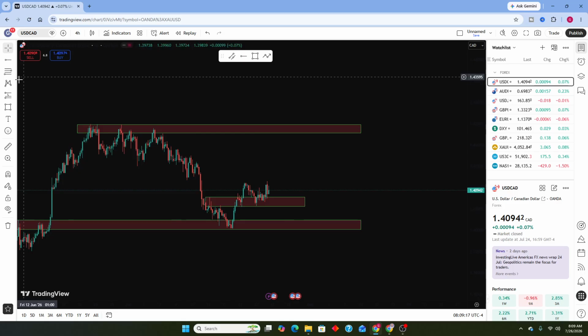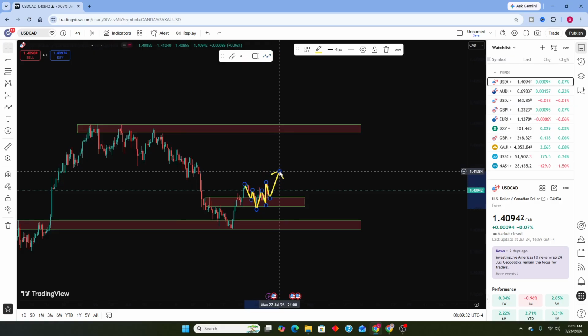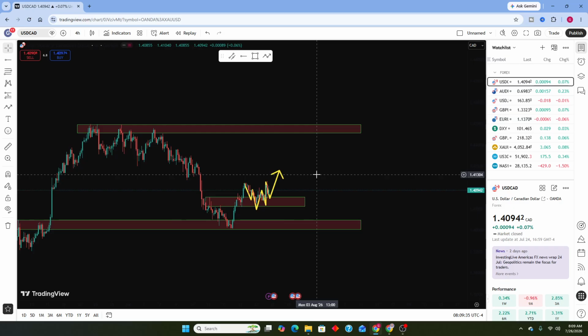So now what do we need this to do? I'll be forgetting I put it here. Look, pushed up, pushed down. We need this to push up. Is that not what we need?